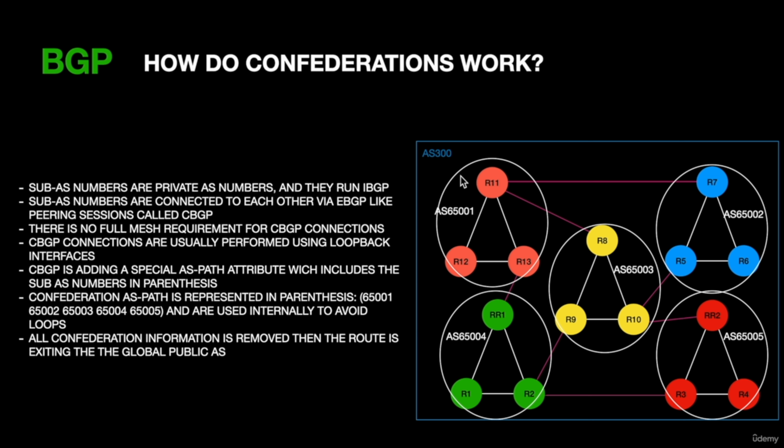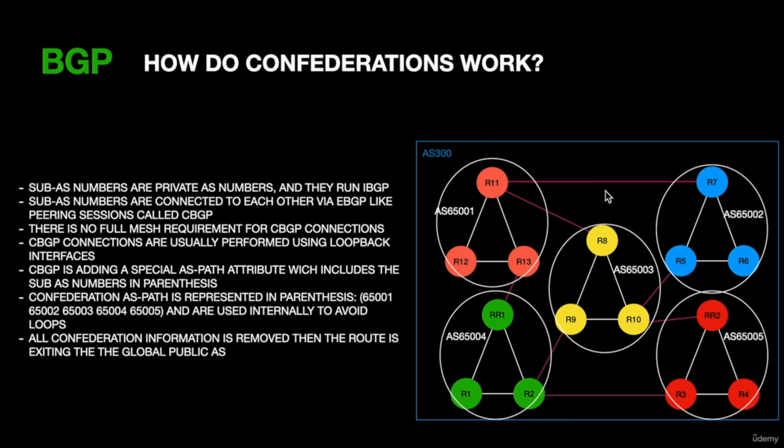These special sub-AS numbers are usually listed in the AS path, and they are represented with parentheses. And these sub-AS numbers are also used for the loop detection and avoidance mechanism.